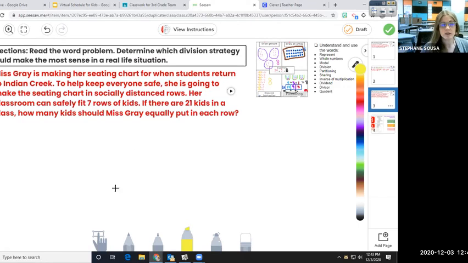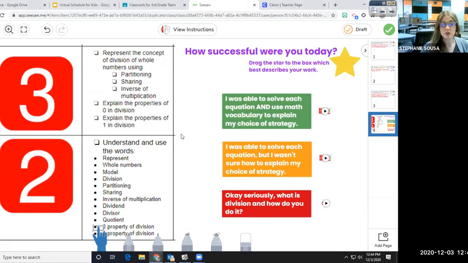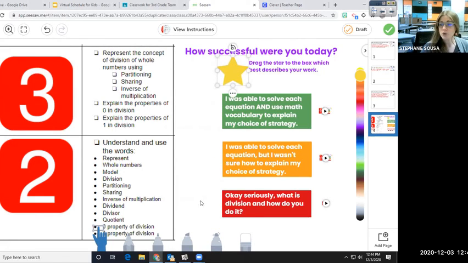Again, you can read the problem or you can listen to the problem by clicking play, and you are going to create the strategy that best matches the real life situation. On slide 4, I would like for you to move the star to explain how you feel about using division strategies with where you think you are on your work, okay?